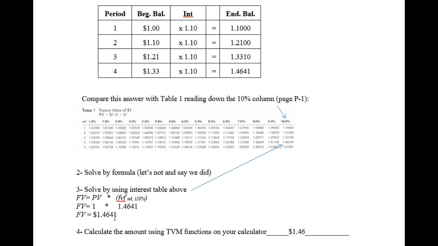Now take a moment and calculate that amount using your time value of money functions on your new Texas Instrument Business Analyst 2 calculator. Clear the memories, enter $1 as the present value, 4 as the number of periods, 10 as the interest rate, and then solve for the future value, and you should get $1.46.